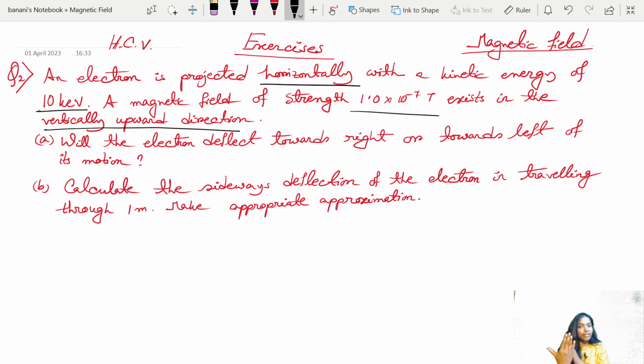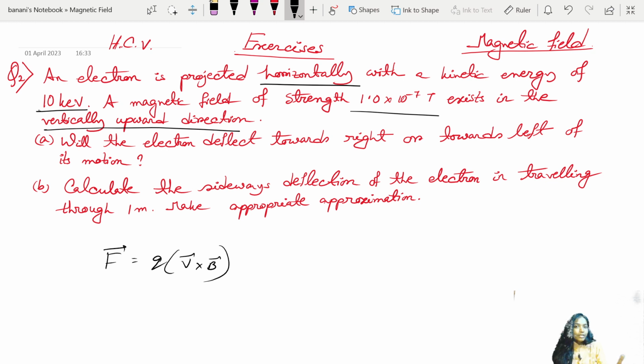So the electron deflection in this case: the magnetic field is upward, the velocity is along this direction, so the force is along this. If the electron is going towards this side, it should deflect towards the right of its motion, but it will not, because the force is equal to Q into V cross B. It is for positive charged particles.